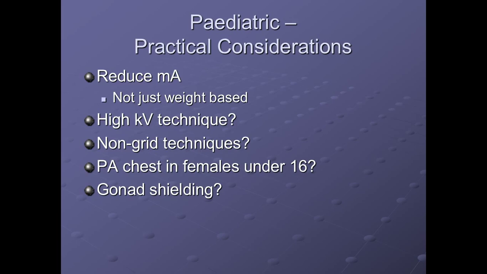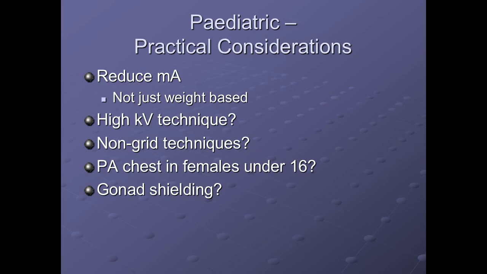So how can you bring that mA down as low as you can while still getting a diagnostically acceptable image? Linked to that, you may want to consider high kV techniques instead, thinking about high inherent contrast areas such as the chest. Non-grid techniques: do you really need to use a grid for paediatrics?